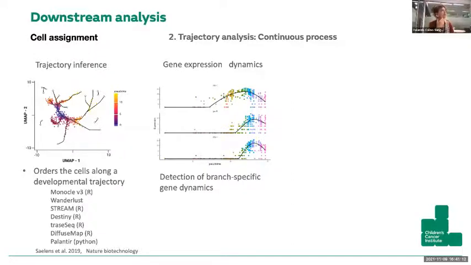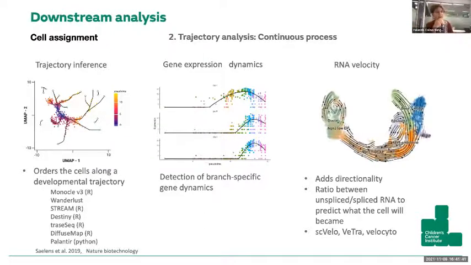And then once you have your trajectory, you can then validate that using the expression of genes along that developmental branch, and you can use genes that you know should be expressed at a certain time, or look at your variation, the differential genes if you want to actually identify genes that are expressed at a certain time. And then finally, as I said before, the trajectory analysis doesn't give you the order unless you know which one is the first, the earliest time point.